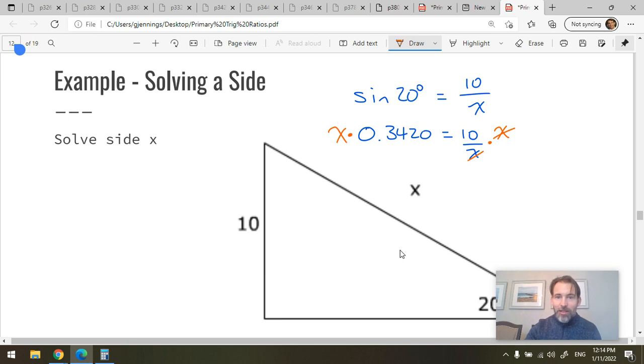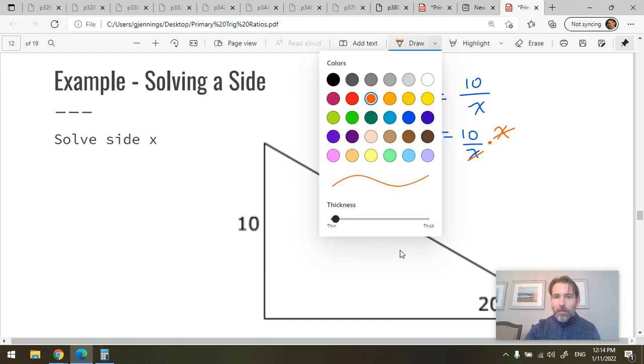Now to solve that, because I'm multiplying here, what I'm going to do is divide both sides by 0.3420. Let me do that in another line. So I get this new line, right?